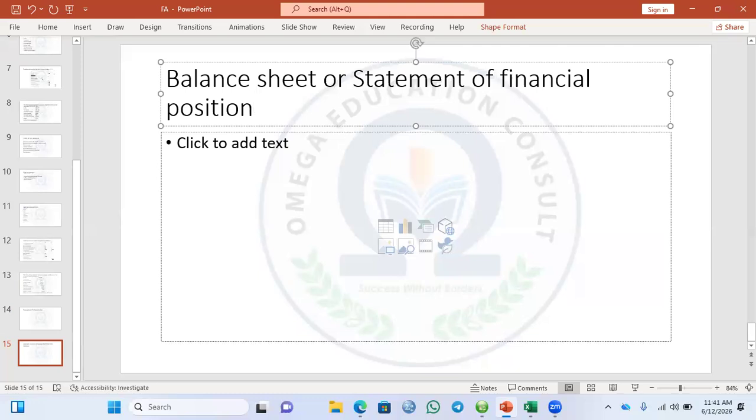So before I carry on, professors, is any of us here having an idea as to what this statement is about? If yes, please share with us what your view about the balance sheet or statement of financial position is.